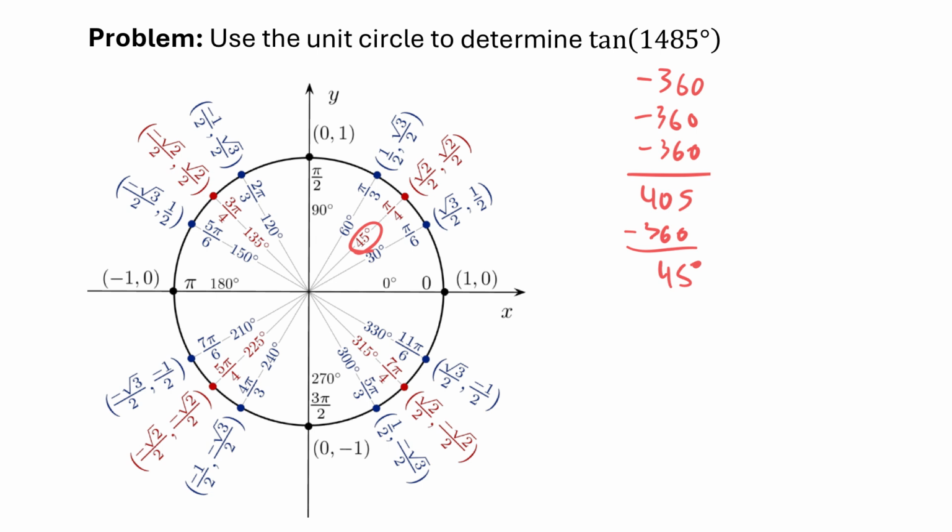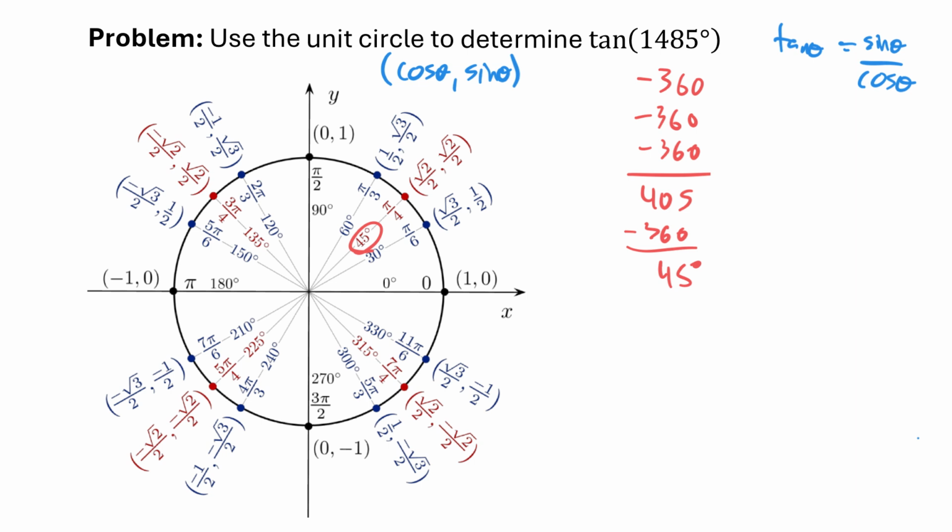Now, tan doesn't have a specific coordinate on the unit circle. What we need to remember is that, this is really important, tan theta is the same as sine theta divided by cos theta. In other words, if we want to find tan of some angle, another way to approach it is to find sine of that angle and divide it by cos of that angle. Now remember, on the unit circle, the coordinate is cos, sine.